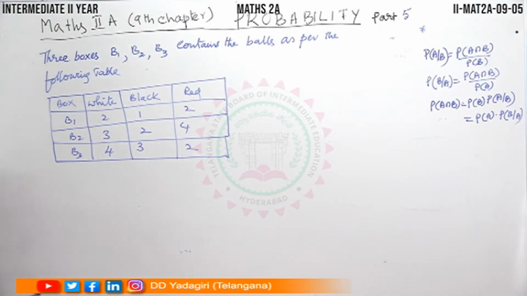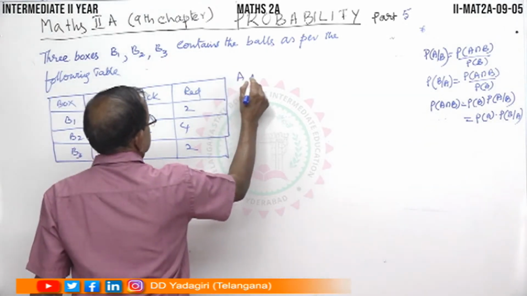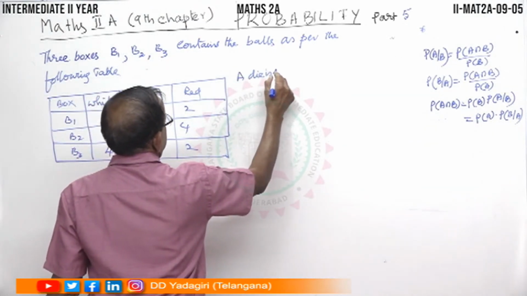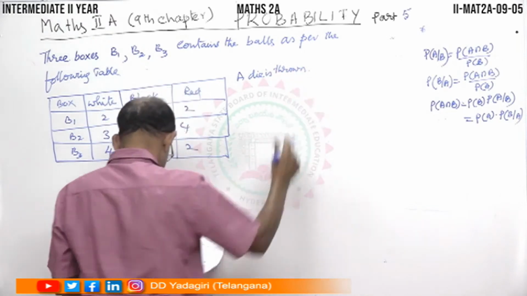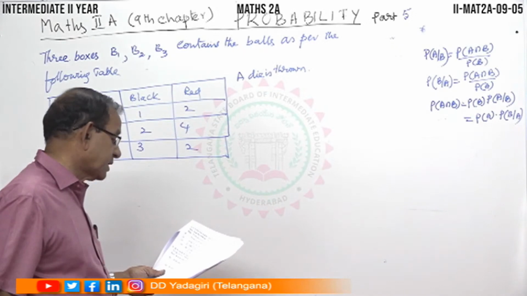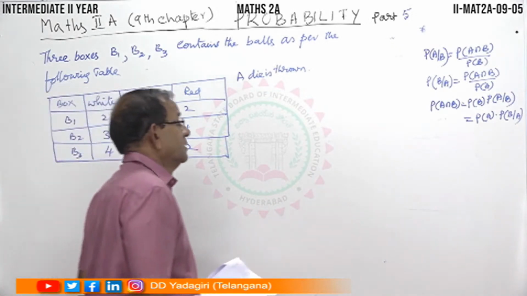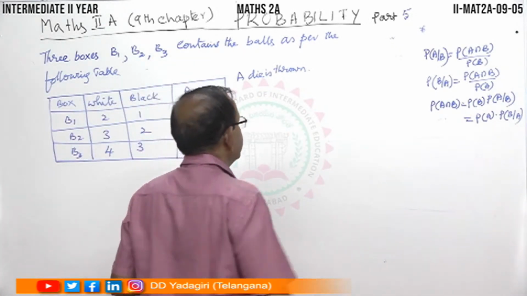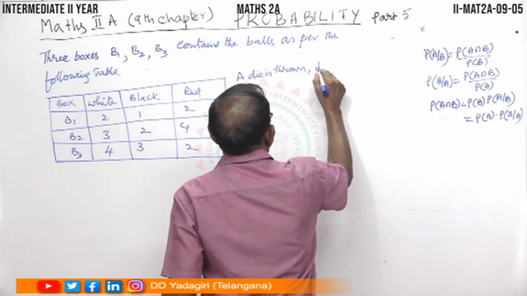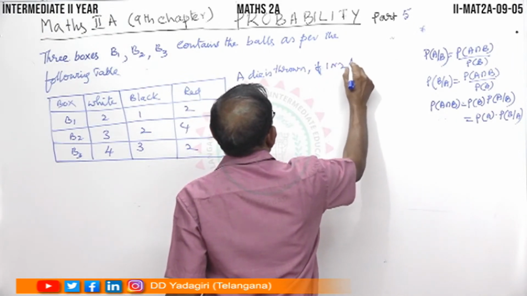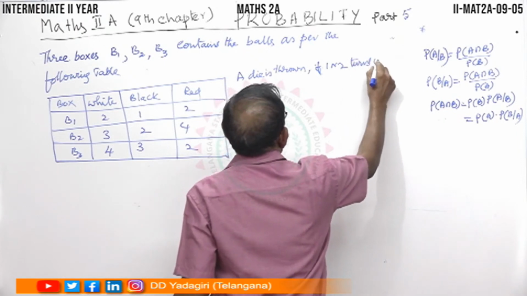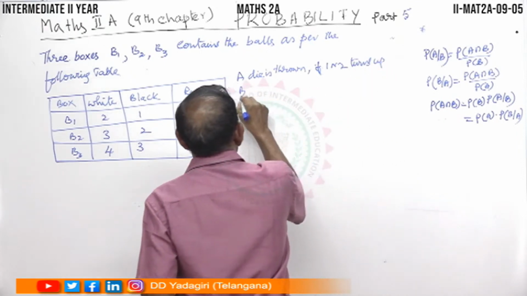If a die is thrown, if it gives 1 or 2, box 1 will be taken. If 1 or 2 turns up, B1 is taken.